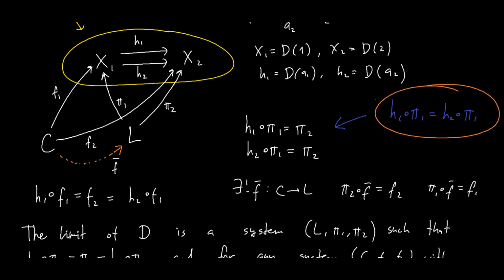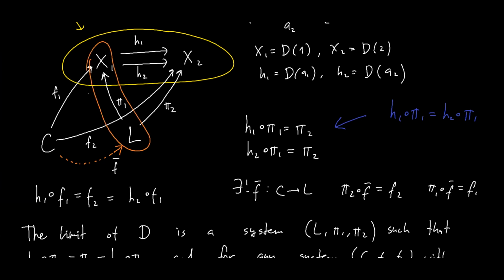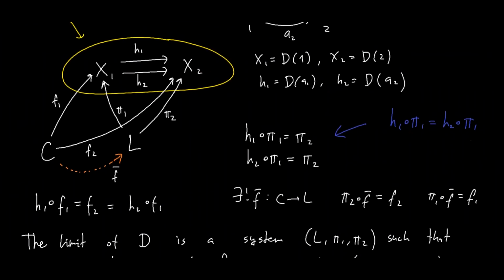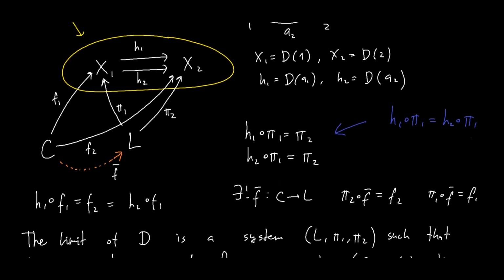Under this property. Basically it's really not about L, it's about pi1. So what would be the most optimal function pi1 such that this holds? If you think about it, what possible functions can you create going into x1 that satisfy this equality? That will give us a candidate for the limit.